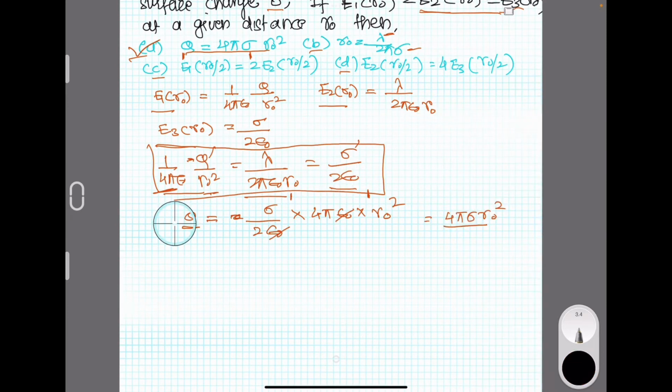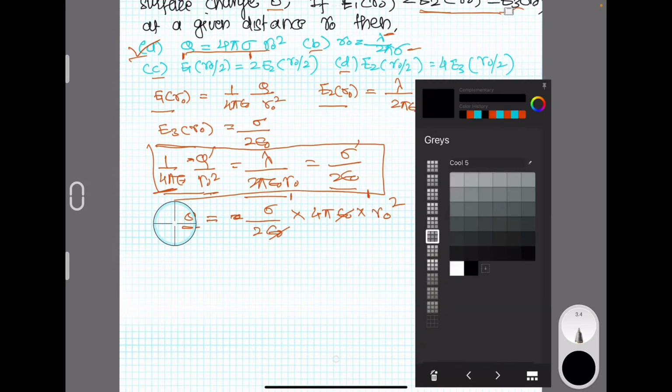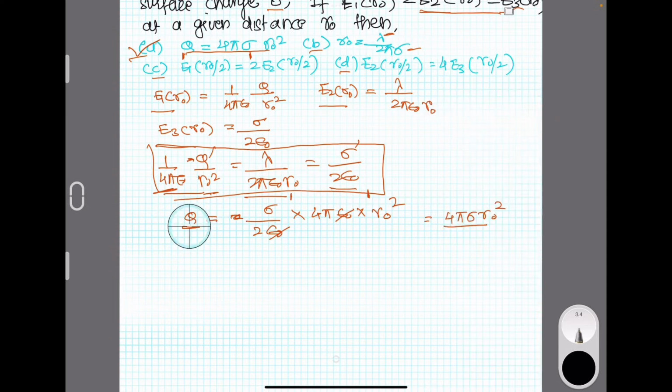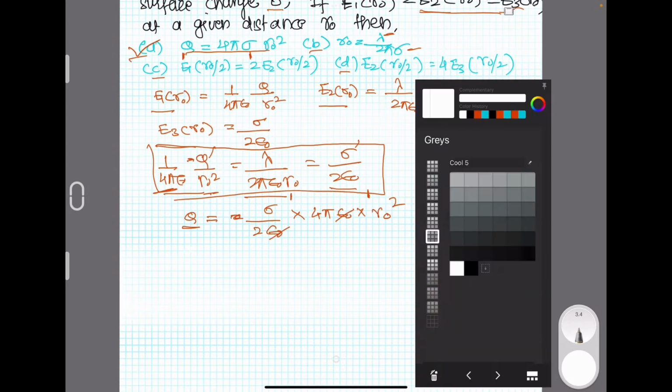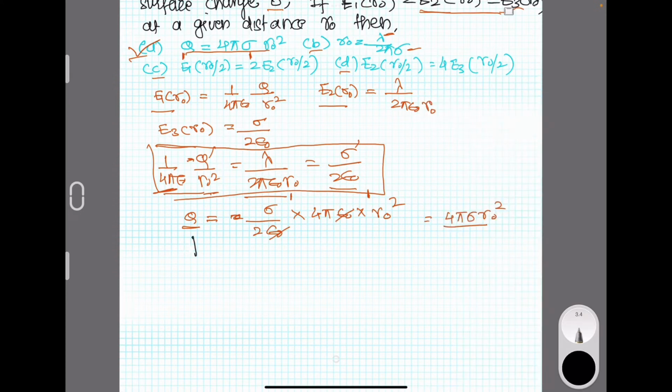The second equation is lambda divided by 2 pi epsilon naught r naught is equal to sigma upon twice epsilon naught, and we have this option in terms of r naught. So we will put this r naught on the left hand side and bring everything else to the right hand side.